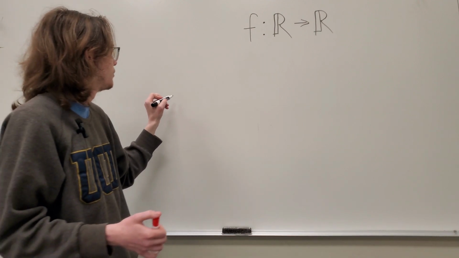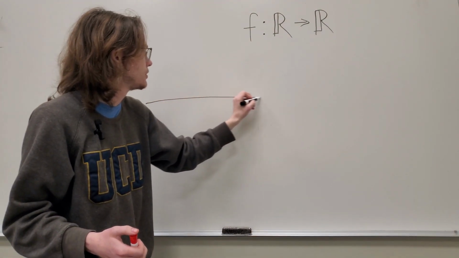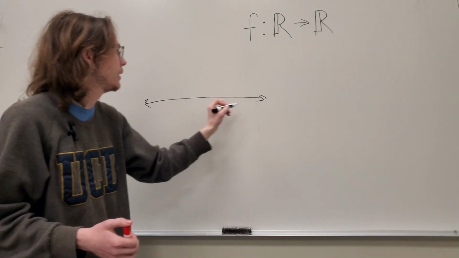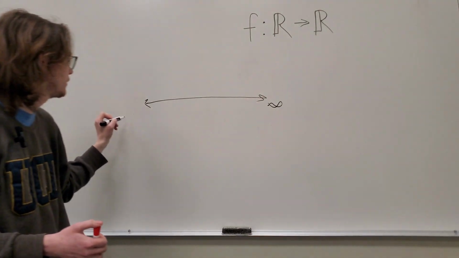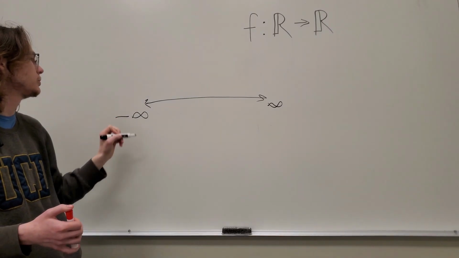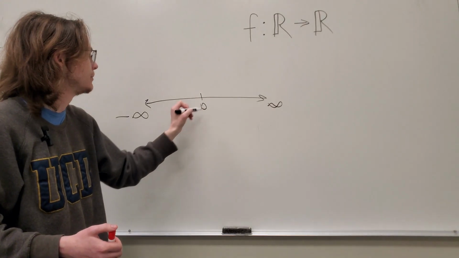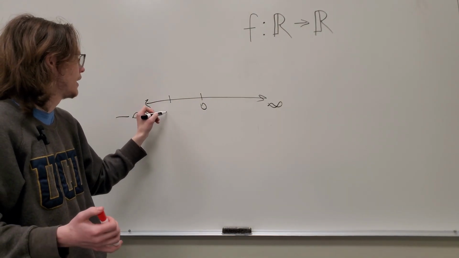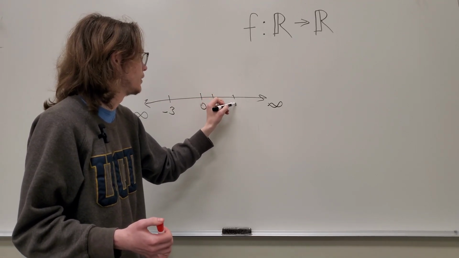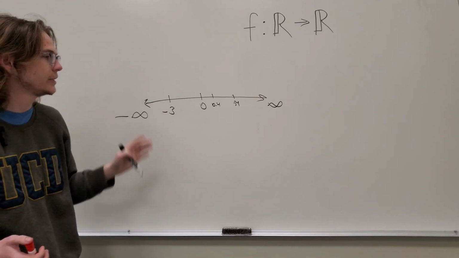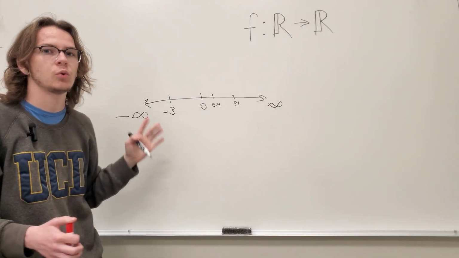You can think of that just as the number line, and all the way towards this end you approach infinity, all the way towards this end you approach negative infinity, and you might have 0 here, and you might have, I don't know, -3 and 0.4 and pi. And so this contains every single real number.